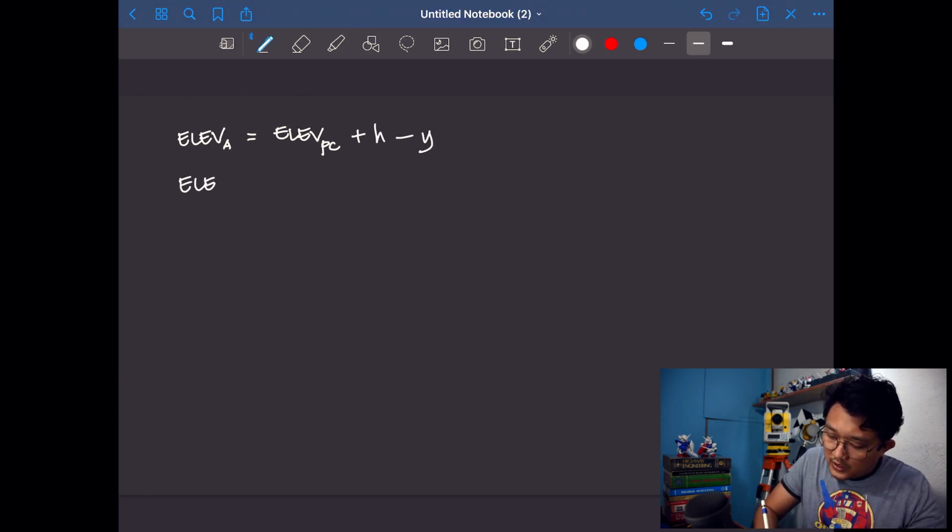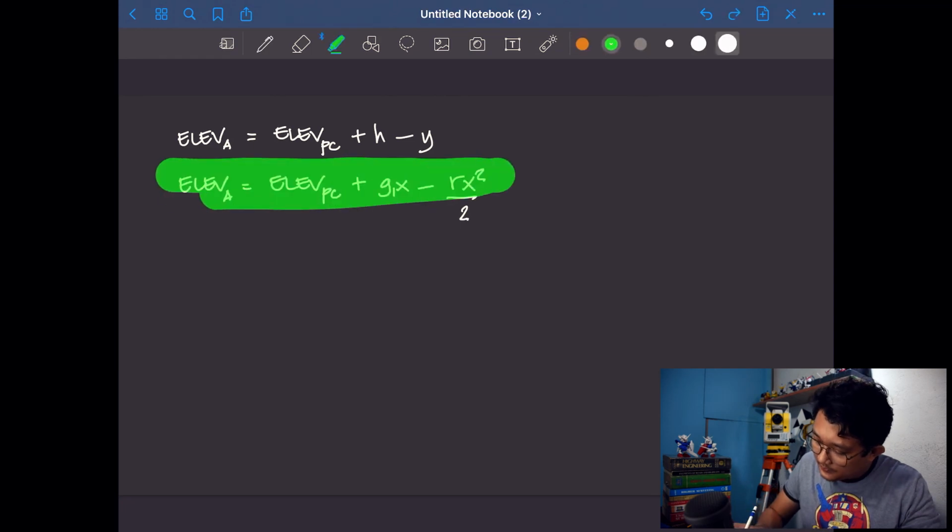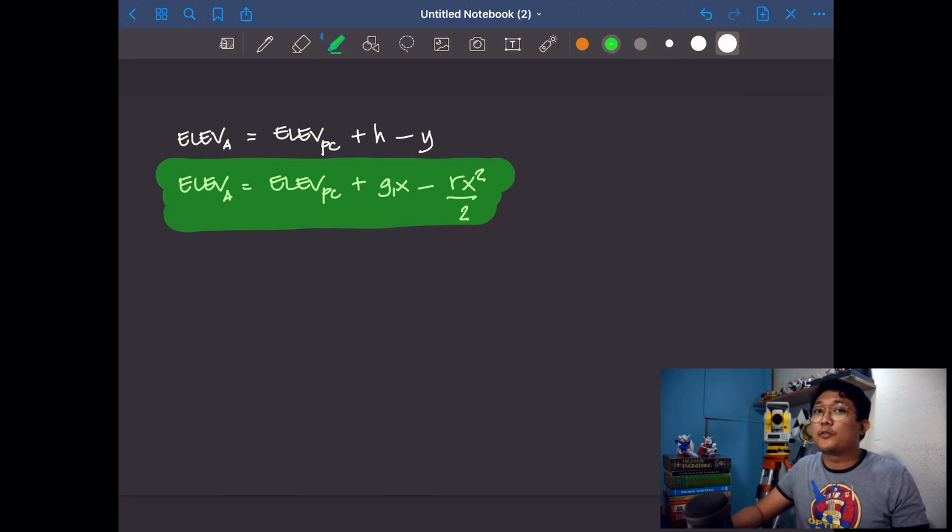If we substitute the equations that we've derived for h and y, we will have elevation at A is equal to elevation at PC plus g1 times x minus r x squared over 2. This equation is our general equation for finding elevation at whatever point on the parabolic curve.